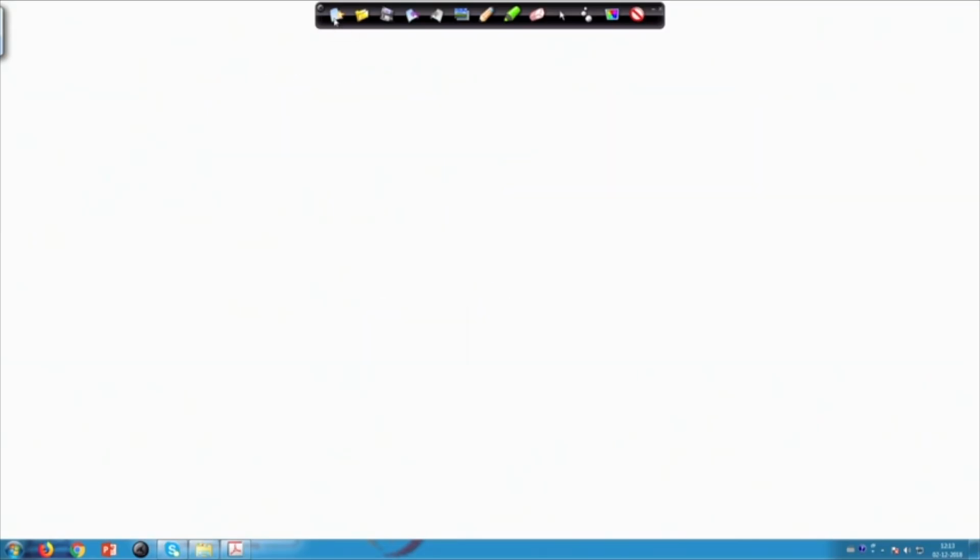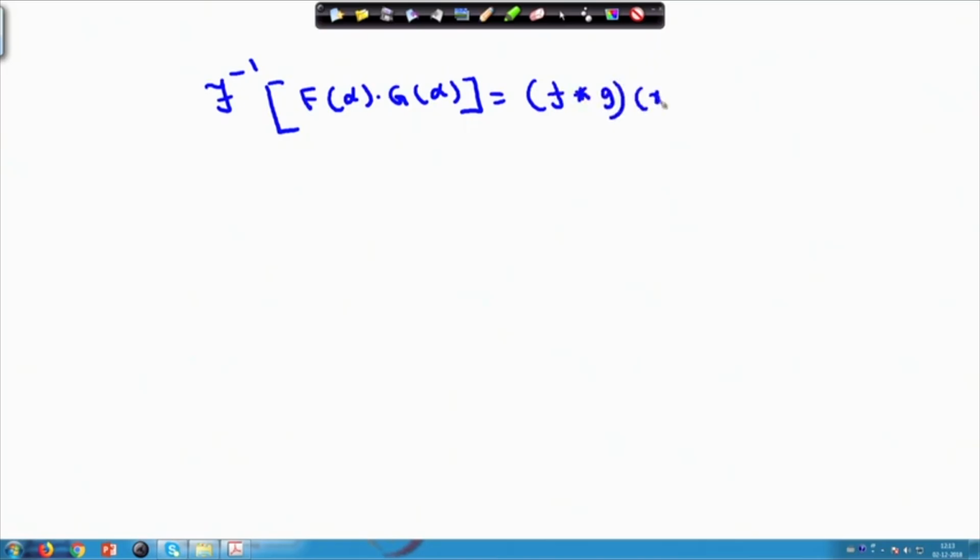From here, one corollary we can draw, that is, we can say Fourier inverse of f alpha into g alpha is equal to f star g of x, because we got Fourier transform of f star g of x equals f alpha into g alpha.